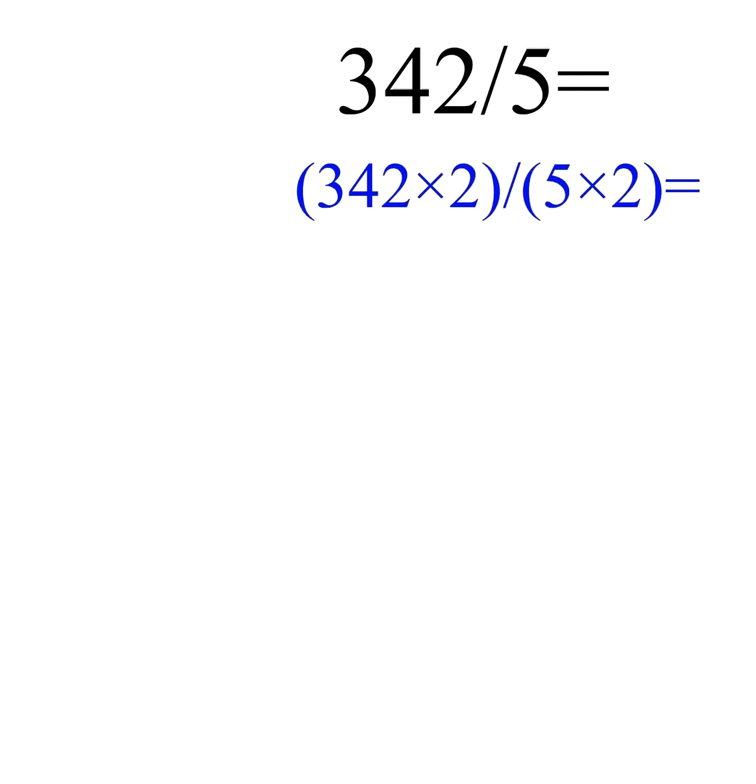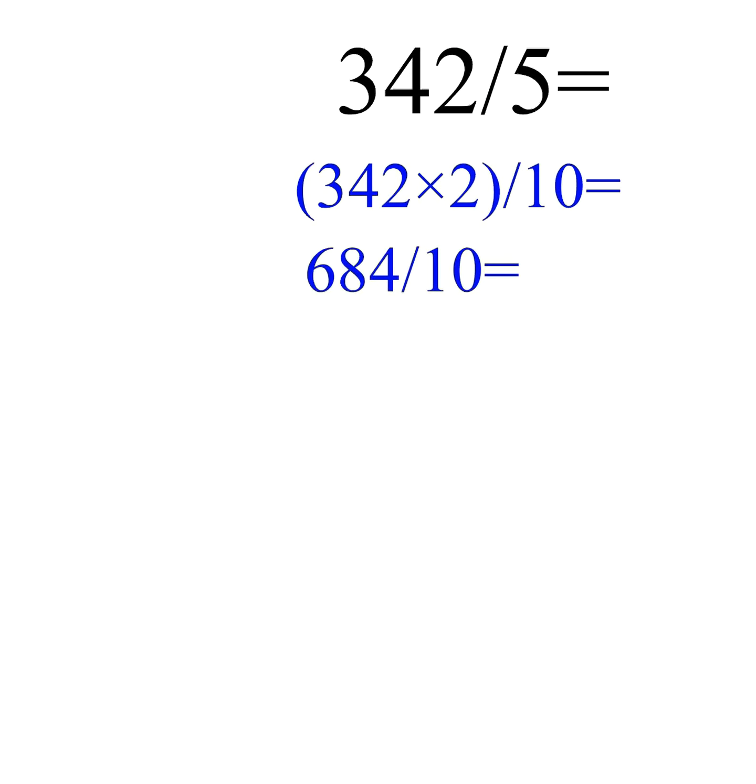And we just turned division by 5 into division by 10, which is way easier. And to do that, we just need to double the numerator, or calculate the value of 342 times 2, which is easy, which is 684. And to divide it by 10, we just put a decimal point before the first digit.